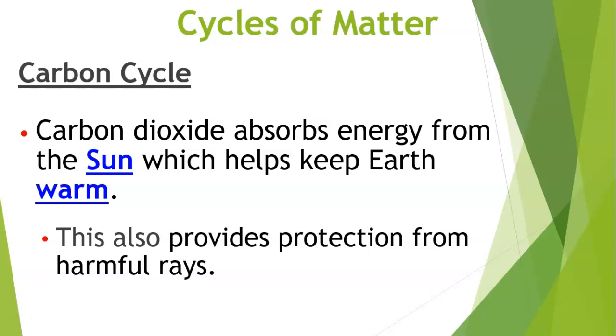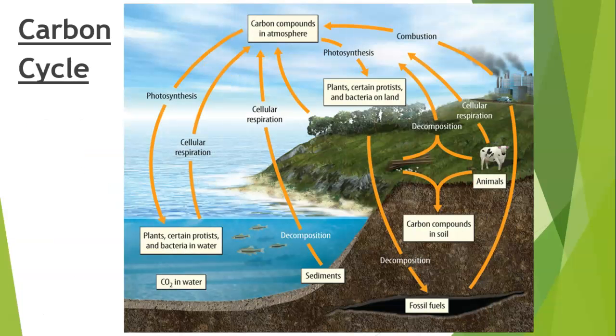It would bounce immediately back out into outer space, and we would all freeze to death, and this would become an ice planet. So yes, too much carbon dioxide in the atmosphere can be an issue, but it is also completely necessary and has a lot of positive jobs that it does for us.